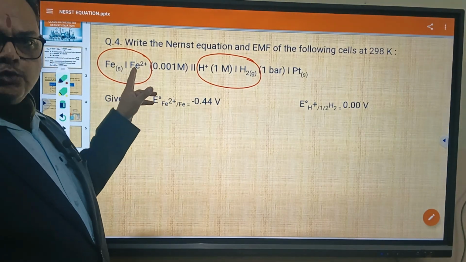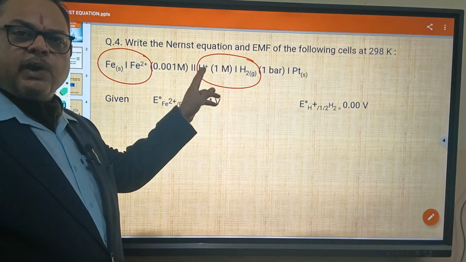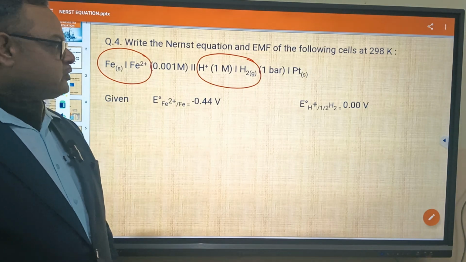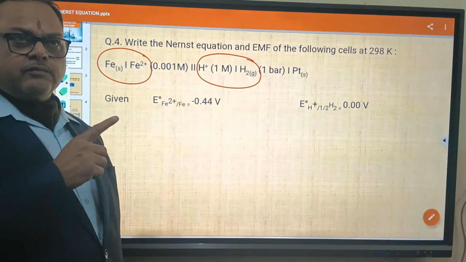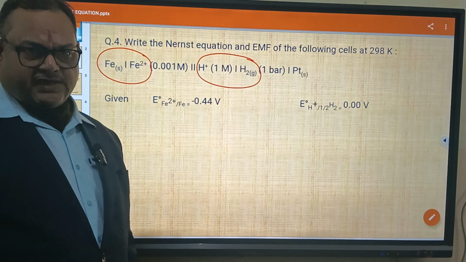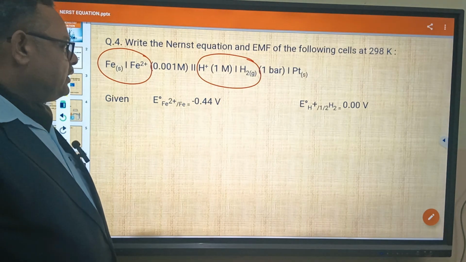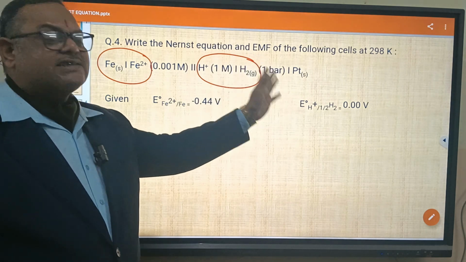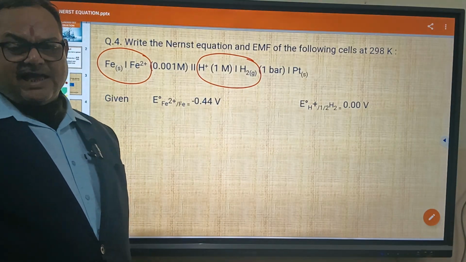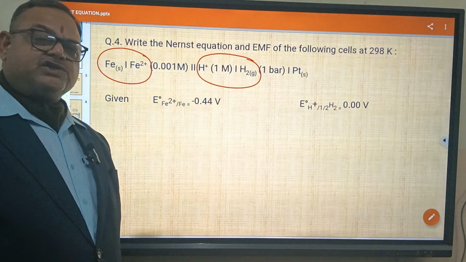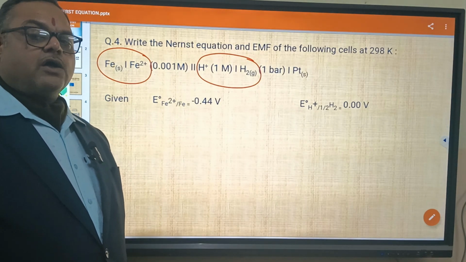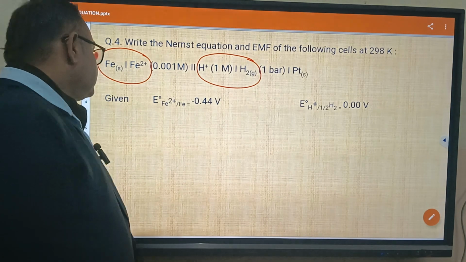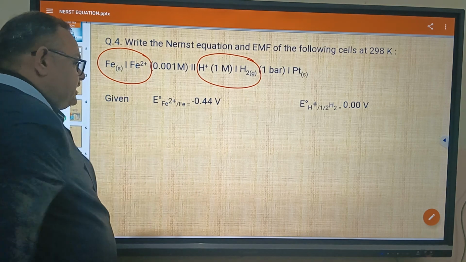So this will be requiring 2 electrons, whereas H plus will require 1 electron only. So unless you get this right, you have to balance the equation first thing. Also, this particular equation has a gas involved. So for gases, we will be using the pressure of the gas instead of the concentration. So see, we apply the Nernst equation.